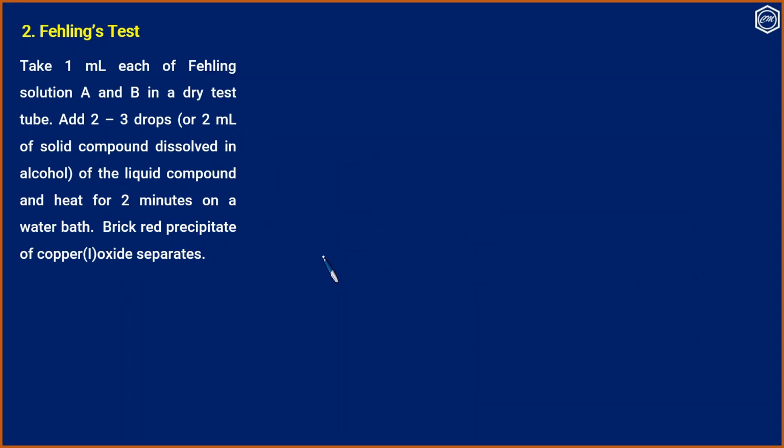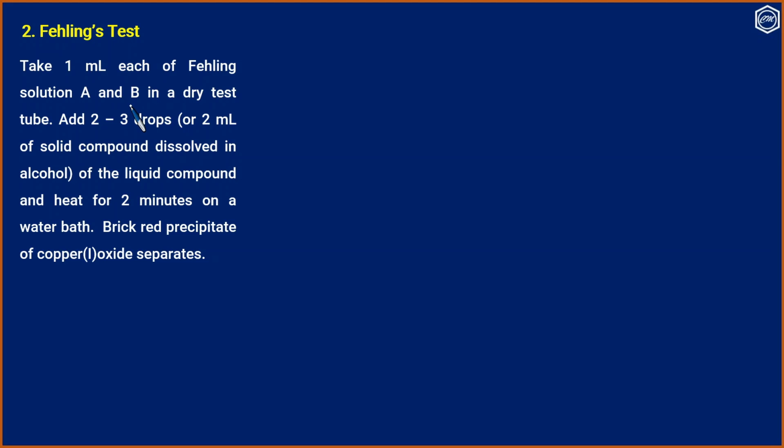Next test is Fehling's test. As I said earlier, Fehling's reagent is a 1:1 mixture of Fehling solution A and Fehling solution B. Fehling solution A is aqueous copper sulfate solution, while Fehling solution B is an alkaline solution of sodium potassium tartrate.